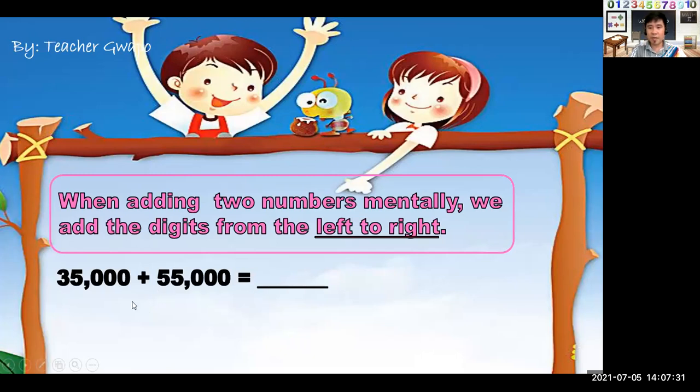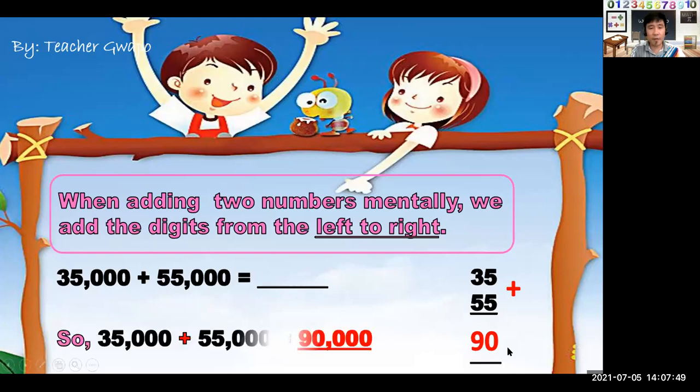It's just like we are adding only two-digit numbers here. So 35 plus 55 is equal to 90. Then we add the remaining three zeros here and the remaining three zeros over here. Therefore, 35,000 plus 55,000 is equal to 90,000. So when adding numbers mentally, start from the left to the right.